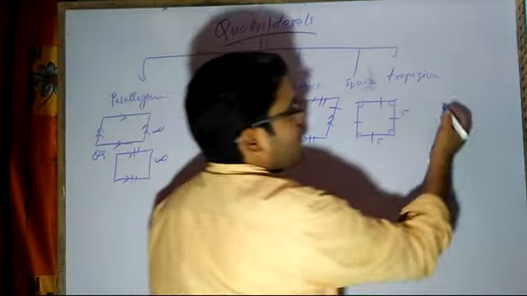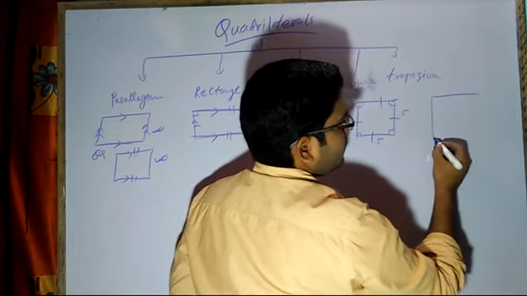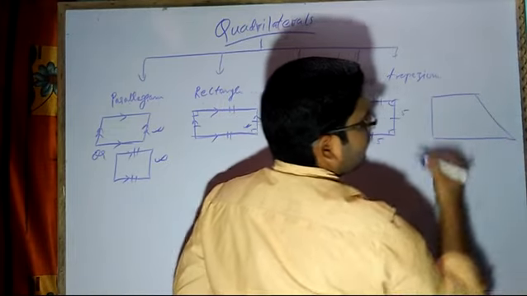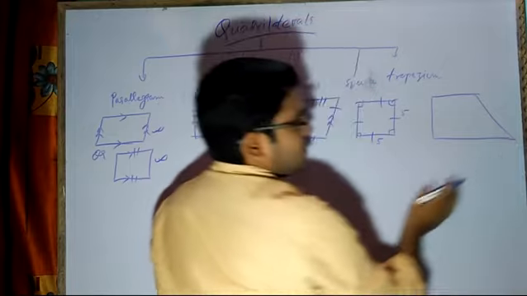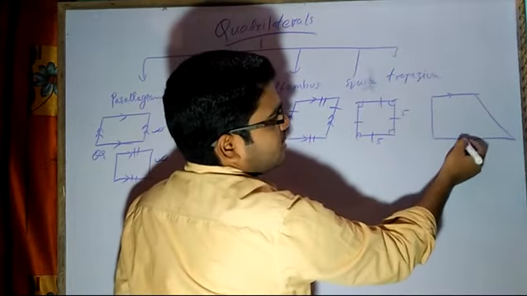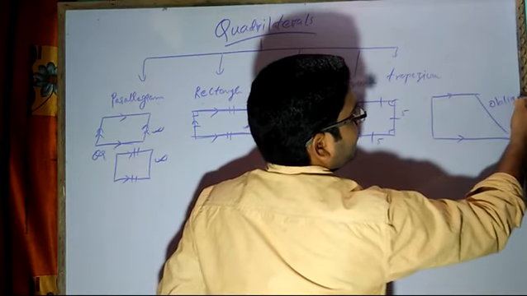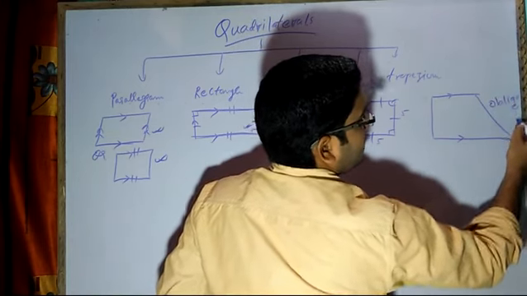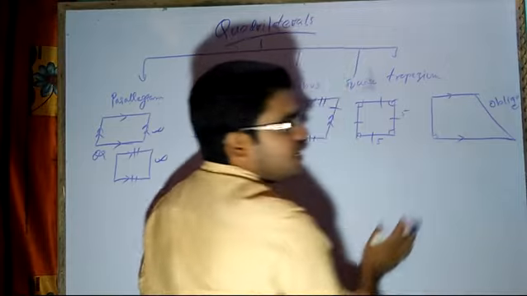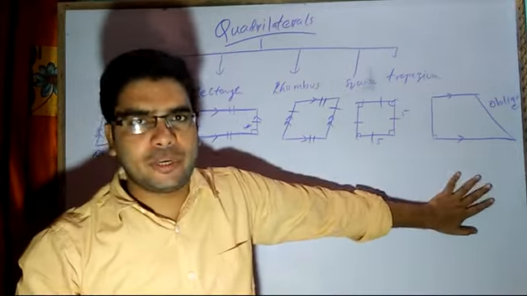Now we are having trapezium, in which basically we have 2 types of trapezium. One can be like this, opposite sides are parallel and this is the oblique side, and this will be like 90 degrees. So this is a general trapezium.